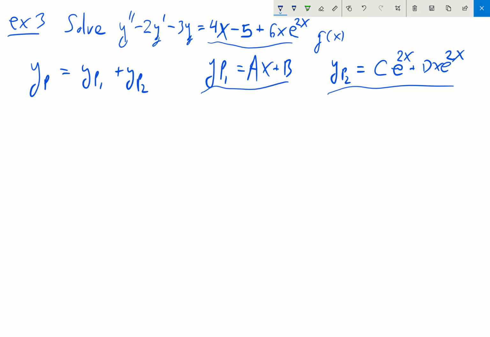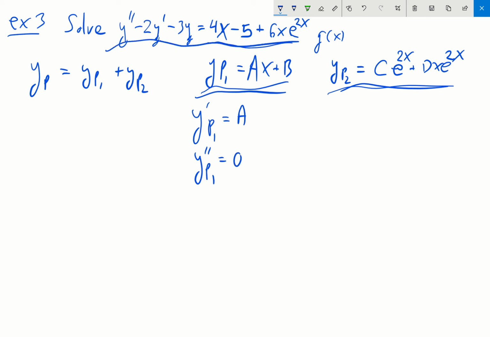Now, when we did it in the last video, we just put them all together and plugged the whole thing into the differential equation. If you want to, you can actually find these two pieces individually. For example, if I want to find y sub p1, I would need its derivative, which would be a, and then its second derivative would be 0.